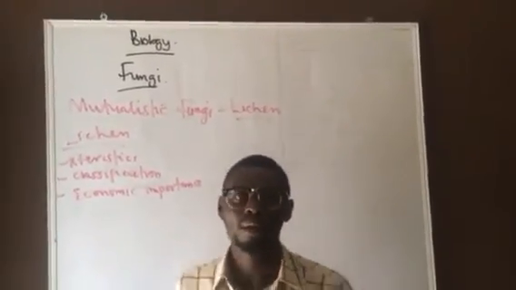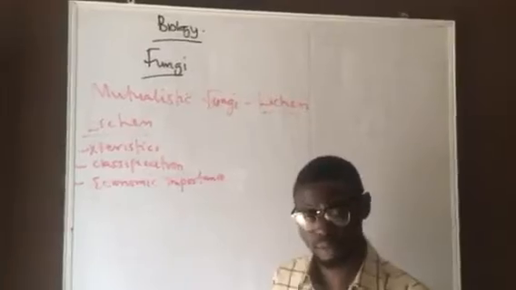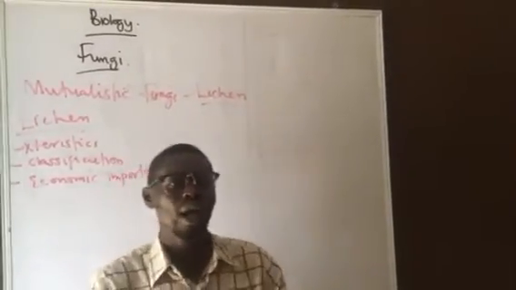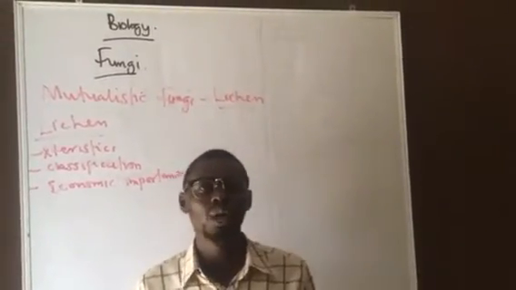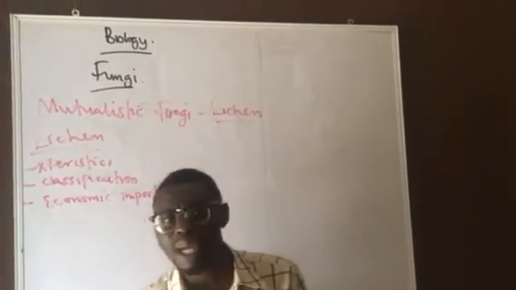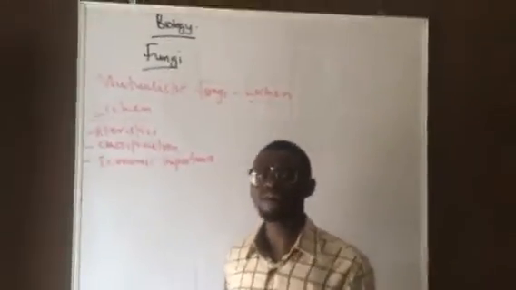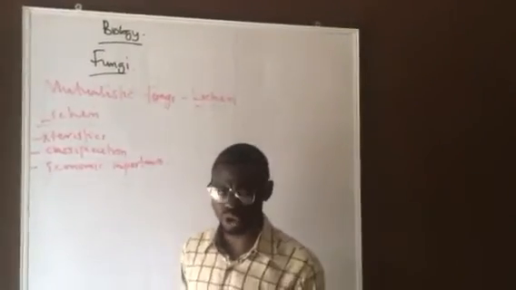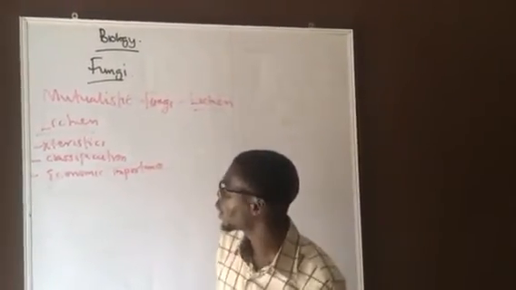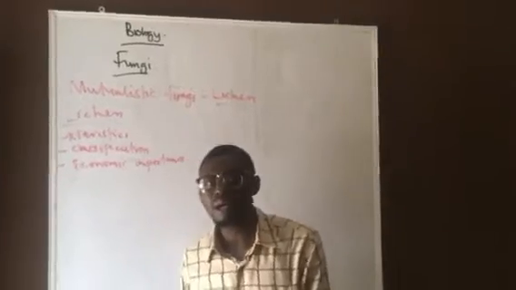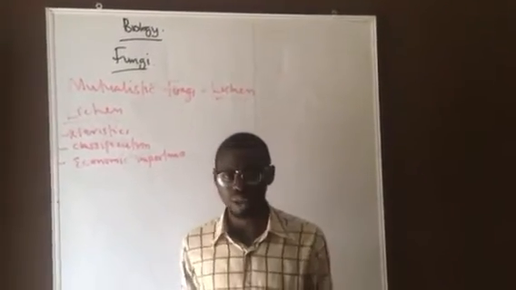Lichens are composite organisms that consist of an association between two organisms, the algae and the fungi. When algae and fungi have a mutualistic relationship, it becomes lichen. These organisms cannot do without each other.